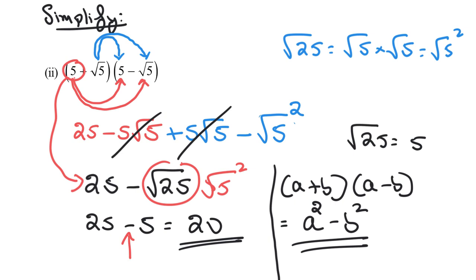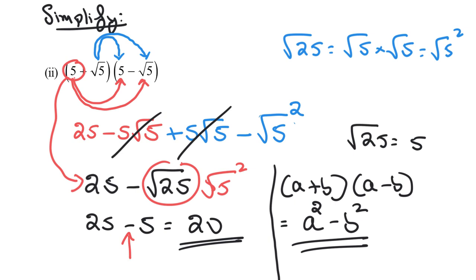It is. So next time when we come across such situations, we don't necessarily have to open the brackets like this. Anything in the form a plus b times a minus b can be written as a squared minus b squared. We will use this in one of the examples. Okay, understood this?